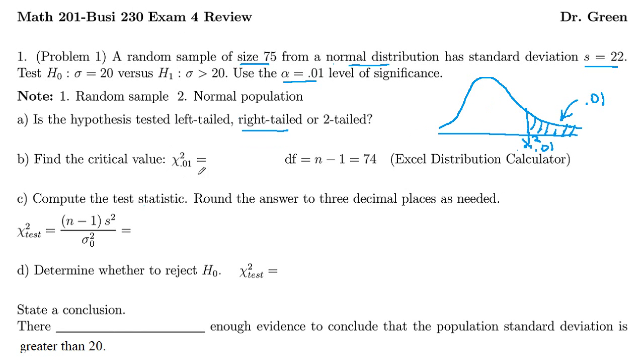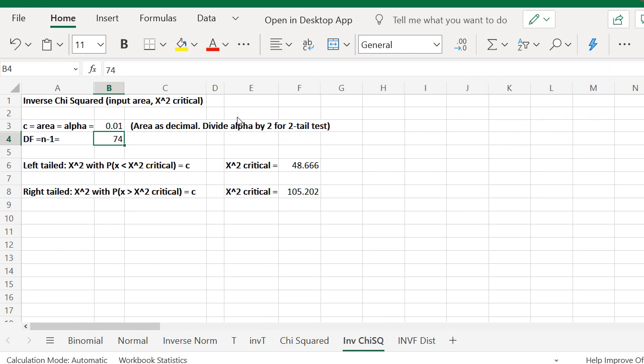So let's go ahead and compute that critical value here. Chi-squared 0.01 means 0.01 area is to the right, and that means 99% of the area is to the left. You can do this with the table. I am going to use the Excel distribution calculator that I provided to you guys. So you open the distribution calculator. You want to look at the inverse chi-squared tab.